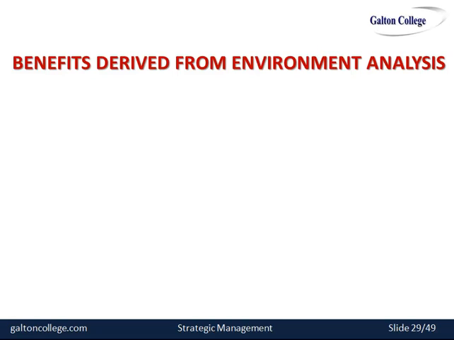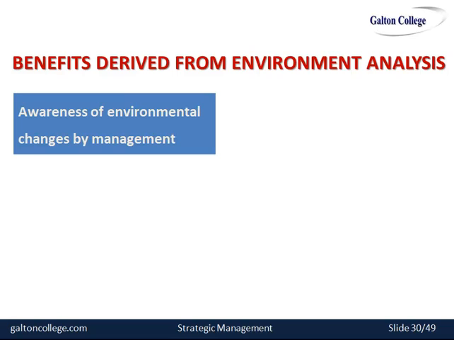Now, benefits derived from environment analysis. Well, awareness of environmental changes by management. So awareness of environmental changes is important. Management should be aware of what's going on in the environment.